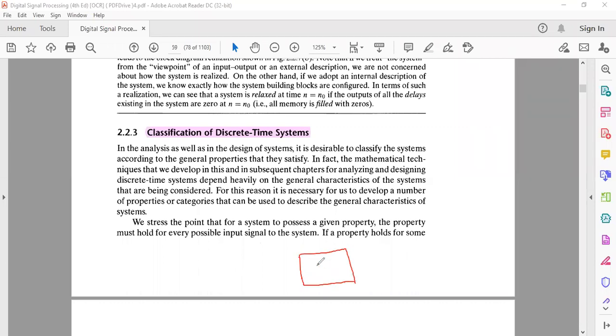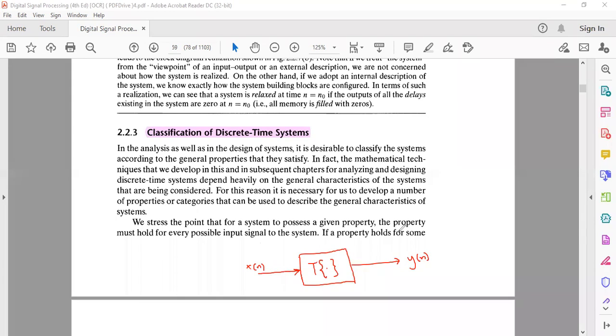For example, you have an operator, a transformation T, such that within this transformation, you have an input X, which gets transformed into an output Y. Then this is what we call our system. The system that transforms an input X into an output Y.